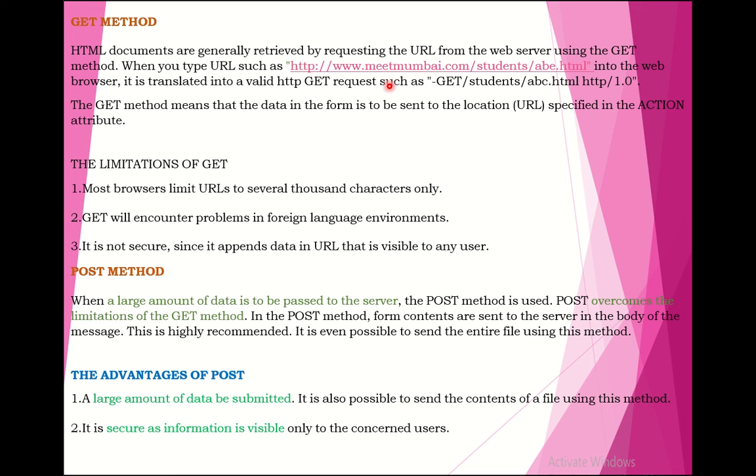If I mention this in my URL and search for it, it automatically becomes GET /student/abc.html HTTP/1.0. So it converts the URL into a GET request. The GET method means that the data in the form is to be sent to the location URL specified in the action attribute.